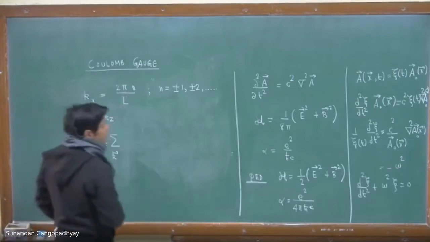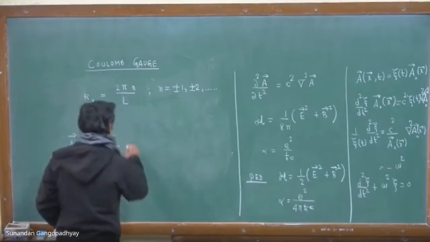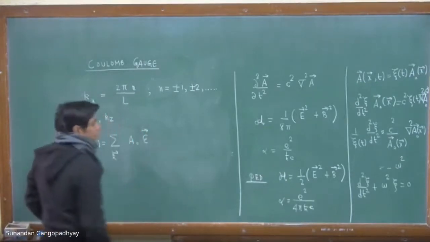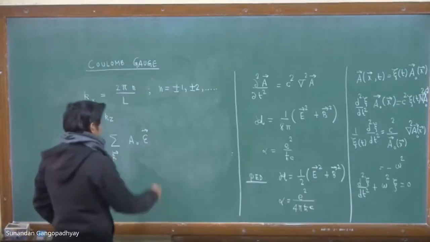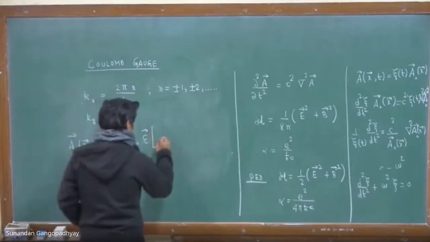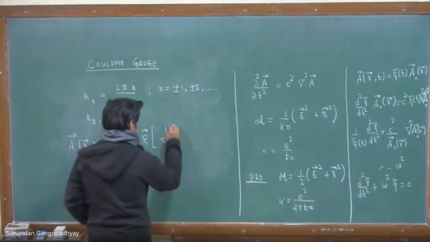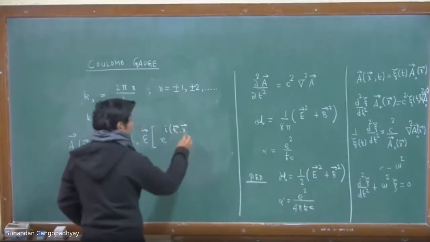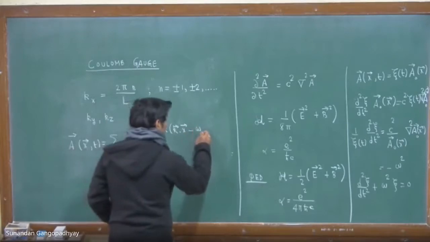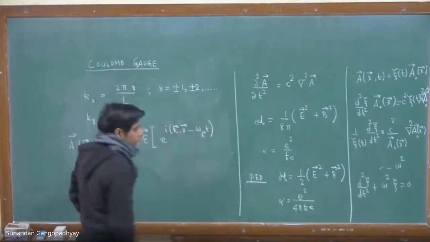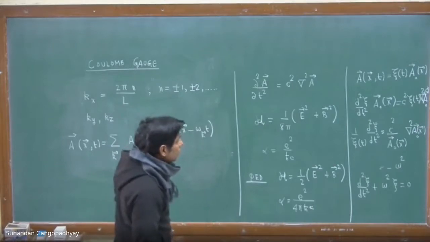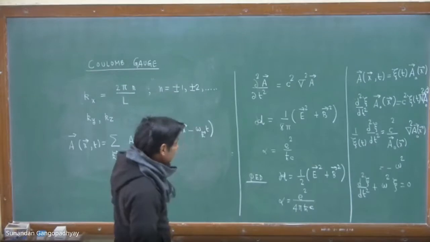Summation over k vector, and then we will have a0, we have the polarization vector epsilon, and then we will have e to the power of i k dot x, the plane wave, minus omega k t.